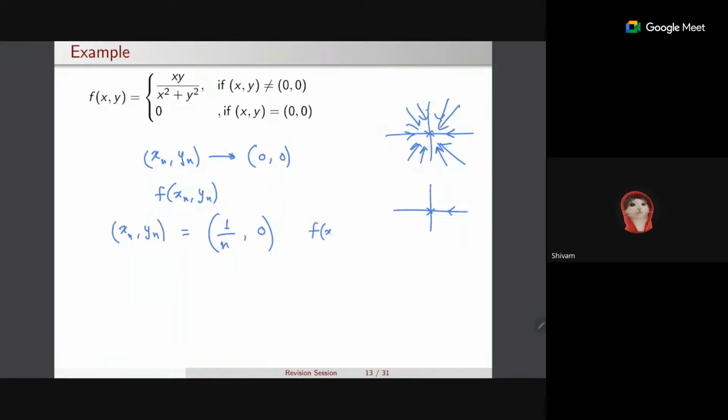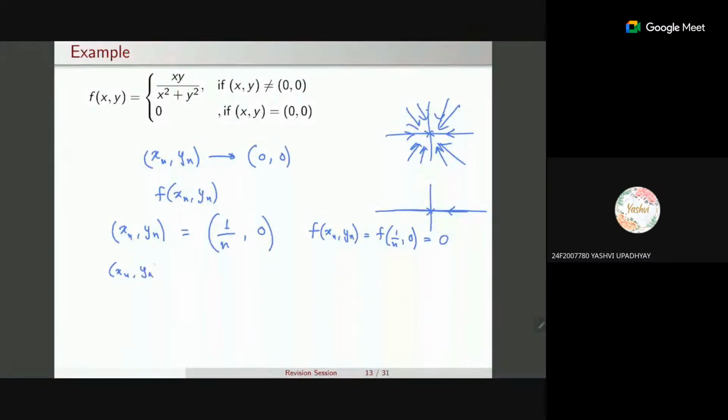What is f of 1 by n, 0? That's just 0, right? So on this line, which is the x-axis, the function is identically 0. Correct?